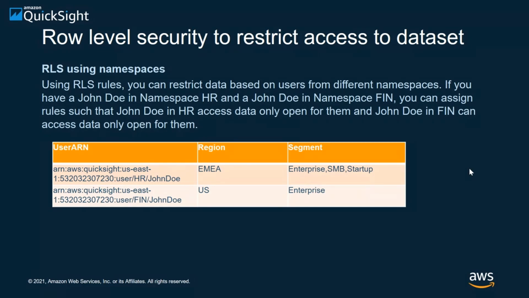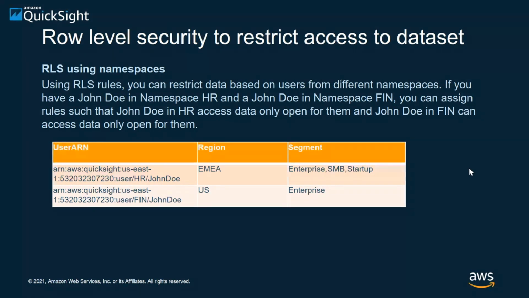What you're seeing on the screen is the first one, where we are doing row level security using namespaces. A quick example or use case is, let's say that you have two namespaces, HR and finance. And let's say that there is a user John Doe in the HR namespace, and there is another user John Doe in the finance namespace.